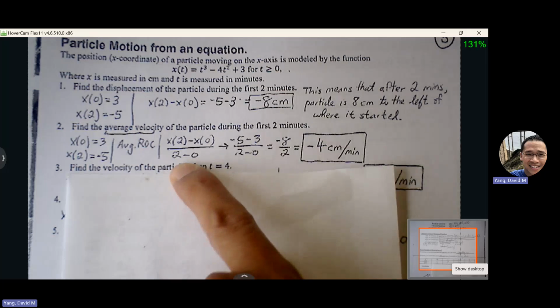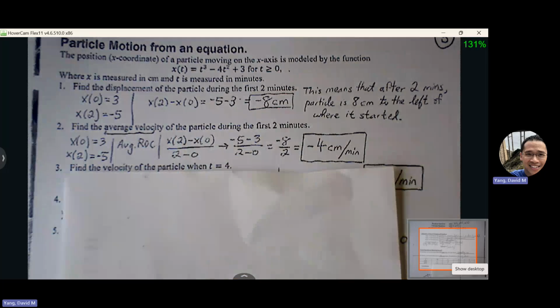So we do need to make it into a fractional relationship there. Any questions with 2?